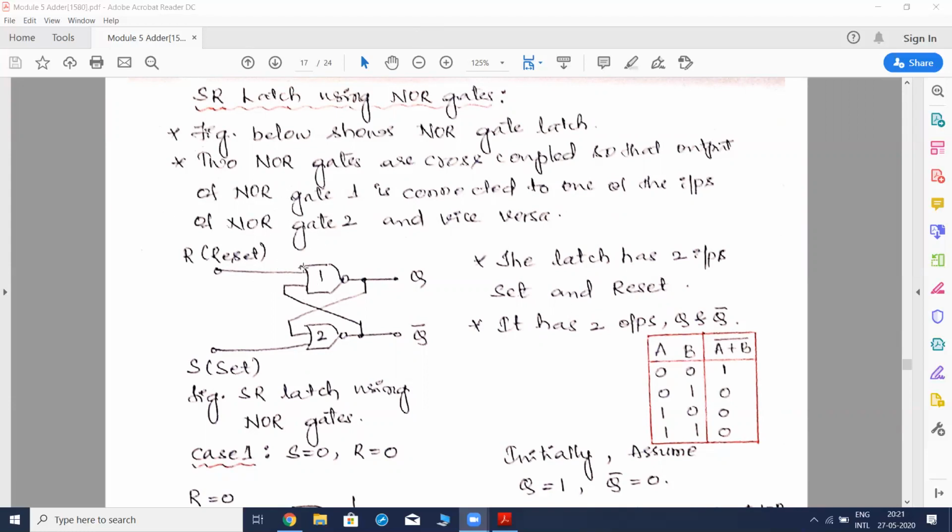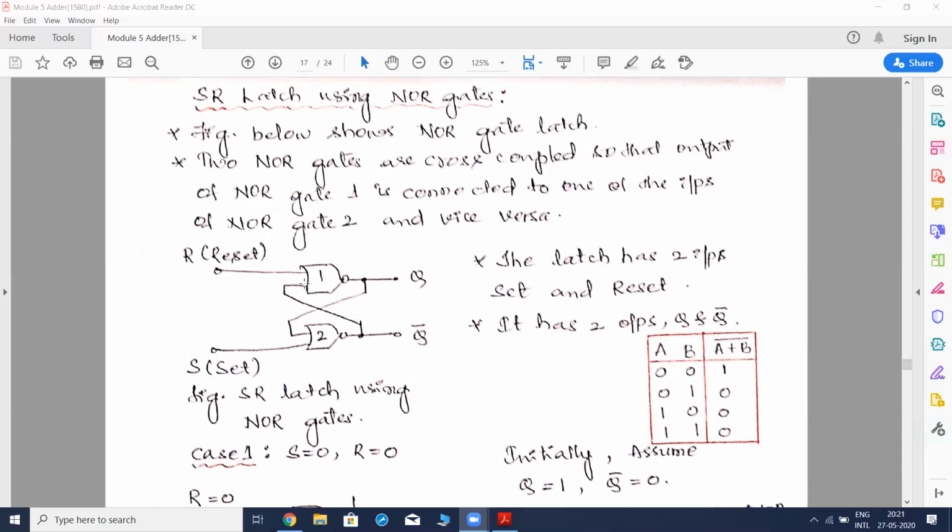The latch consists of two gates, numbered 1 and 2. Now look at how the inputs are given. We have one input, R, given to one of the inputs of gate 1. The other input to gate 1 is connected from Q bar.